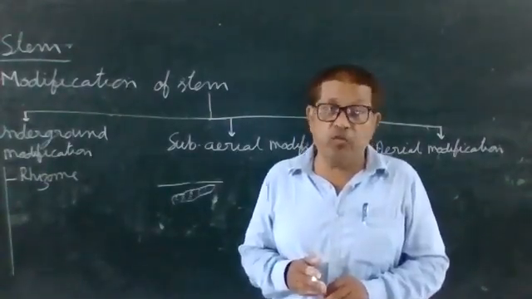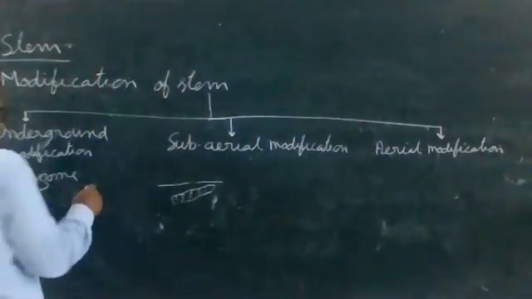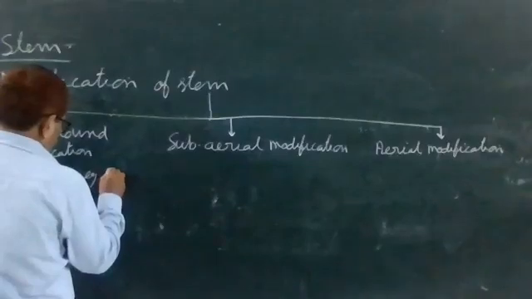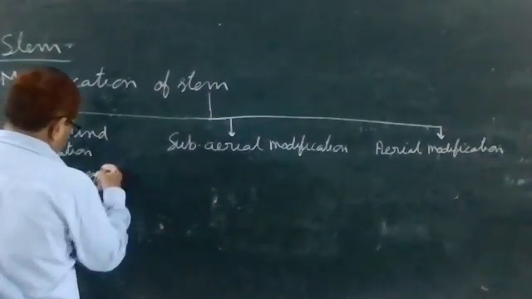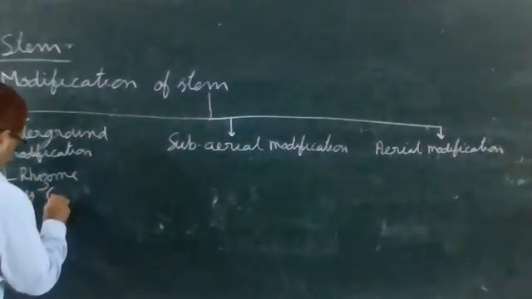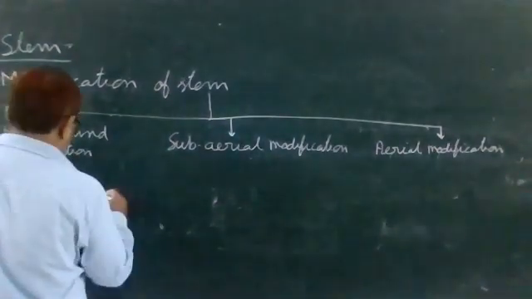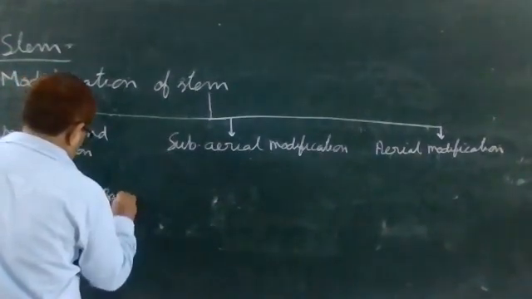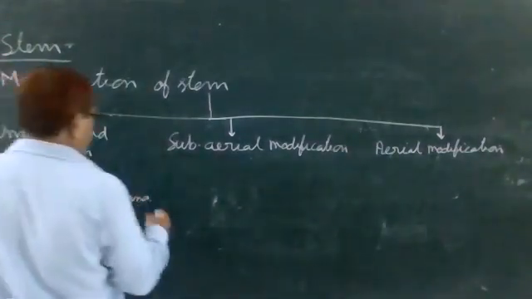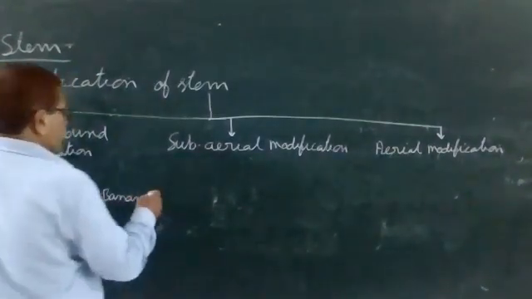Examples of rhizome are ginger and banana.